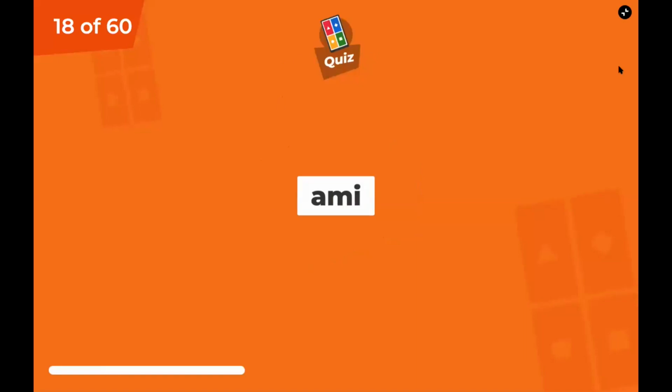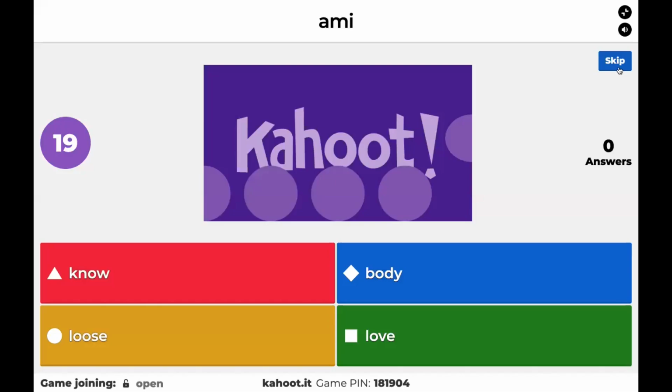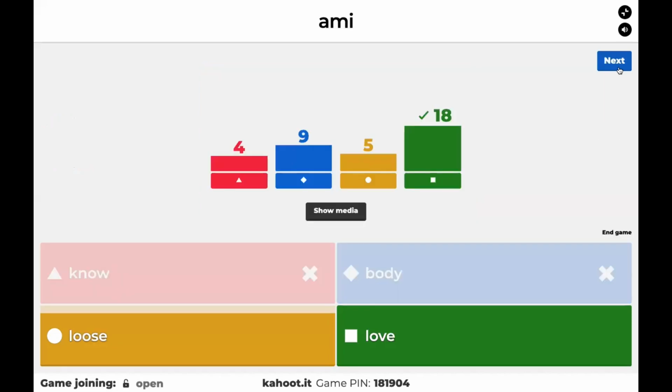Amy. Red is no, blue is body, yellow is loose, and green is love. Nice. We also had am before earlier, so I just said four words all at once.